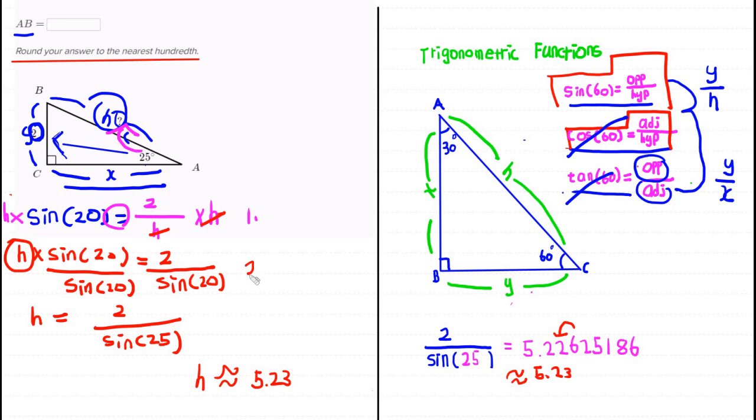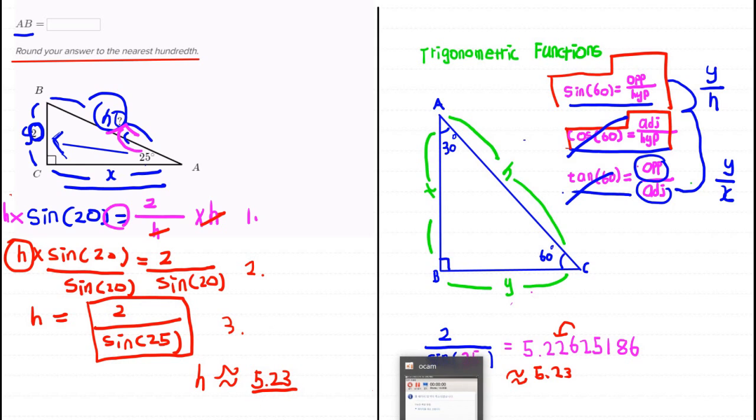In the second step, we isolated h, simplified, and moved everything to the right side, and you are left with the third step. h is equal to 2 over sine of 25, and we calculated 2 over sine of 25, and it is approximately 5.23, and we're done.